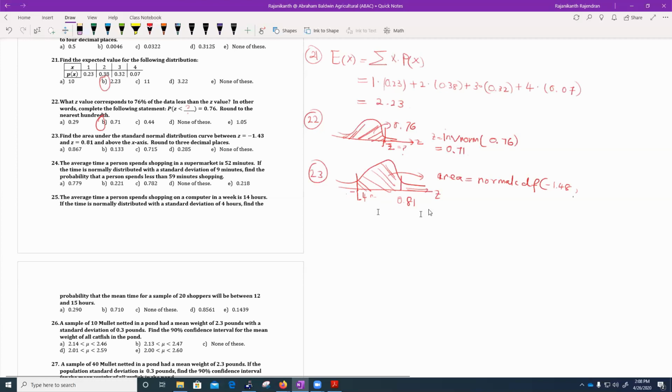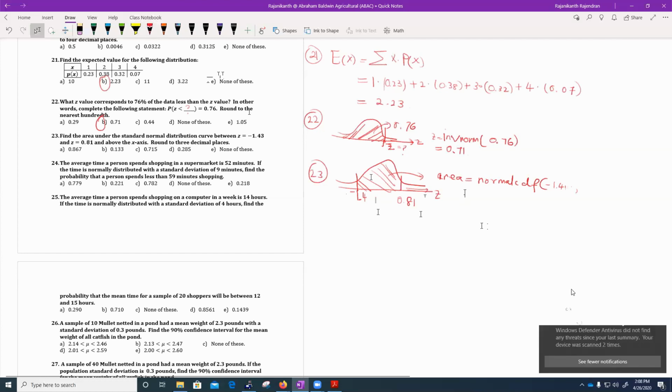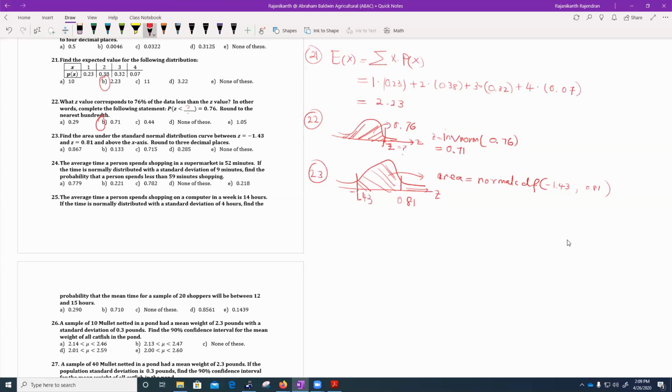It should be negative 1.43 to 0.81. If you type this one, you will get 0.715. So that is choice C.